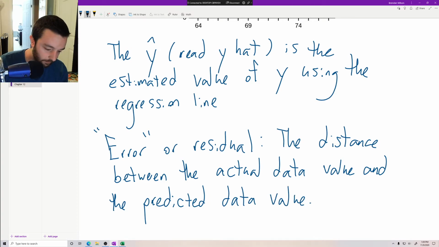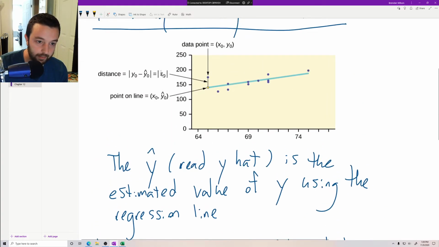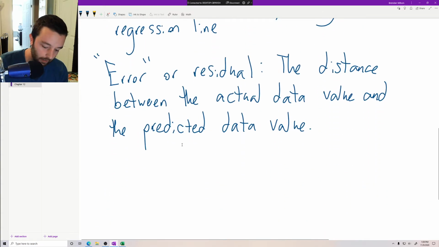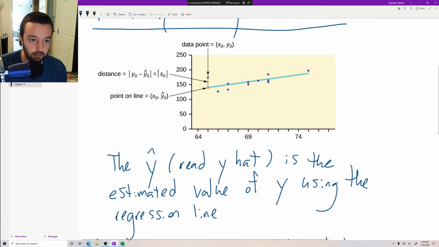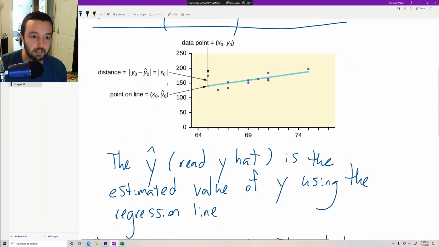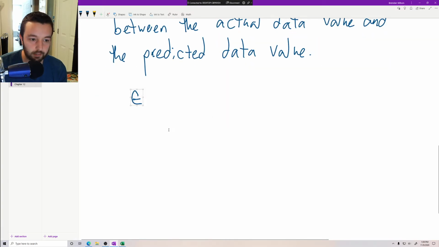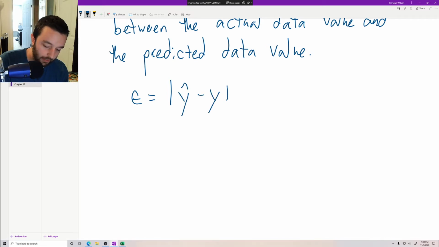Okay. And we call that epsilon. So the equation here would be epsilon. Epsilon just looks like an E basically, just a little more squiggly. This is usually how I write them. Epsilon is the absolute value of your y hat minus your y.